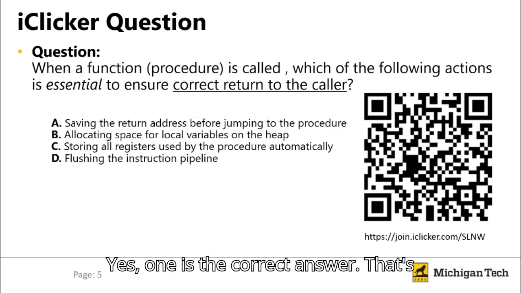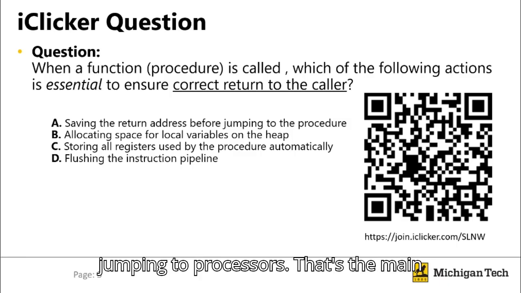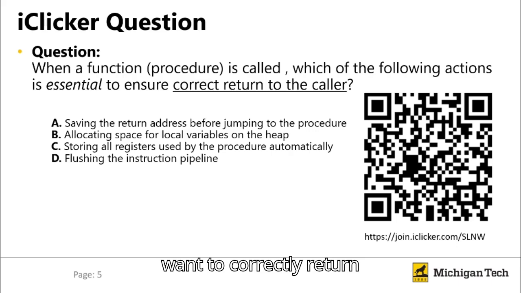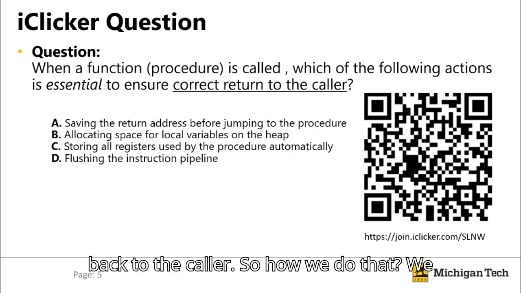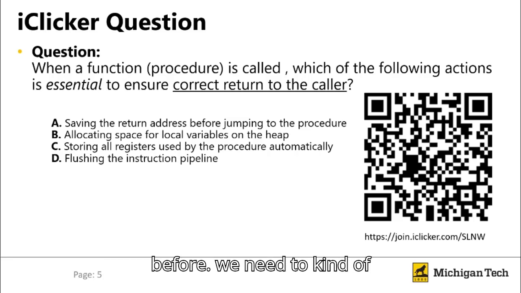Yes, one is the correct answer. That's correct: saving the return address before jumping to the procedure. That's the main thing we need to consider, because we want to correctly return back to the caller. So how do we do that? We need to save the address that we were at before, the return address.